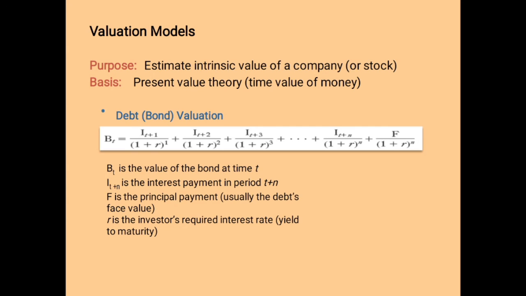The first is debt or bond valuation that has the formula B_t equal to I_(t+1) per bracket 1 plus r bracket, square 1. And we can see the formula together.